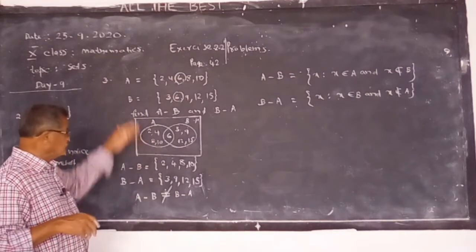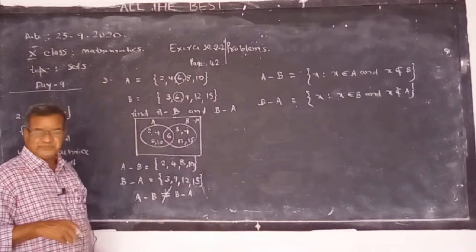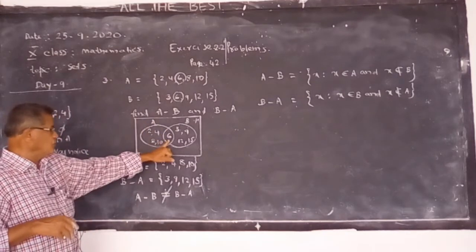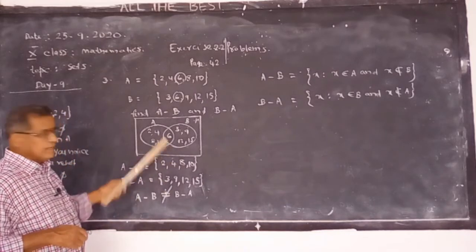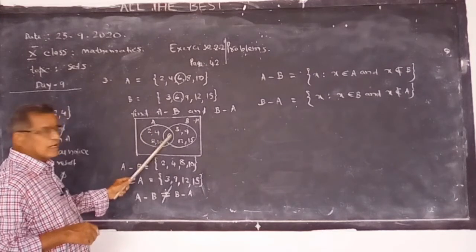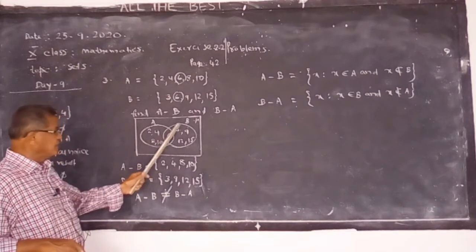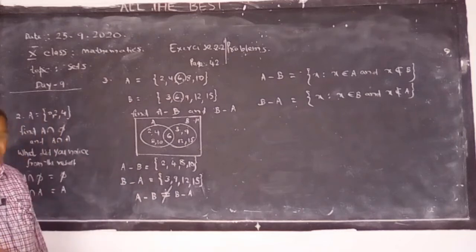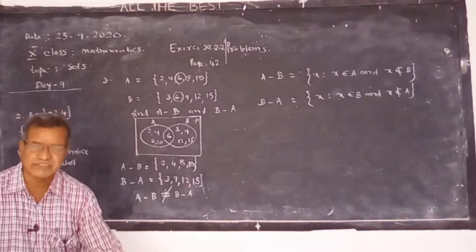Through this Venn diagram, we can easily write everything. Union combines all the elements. Intersection has only one element, 6. A minus B is the left side part, removing the common elements. And B minus A is 3, 9, 12, 15. This is the way of writing. Through a Venn diagram it is easy.